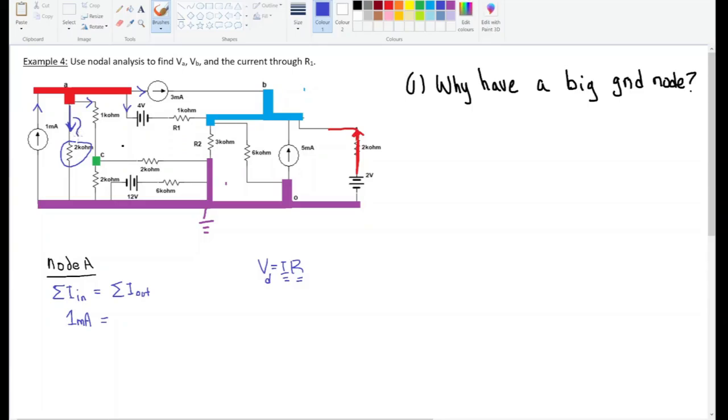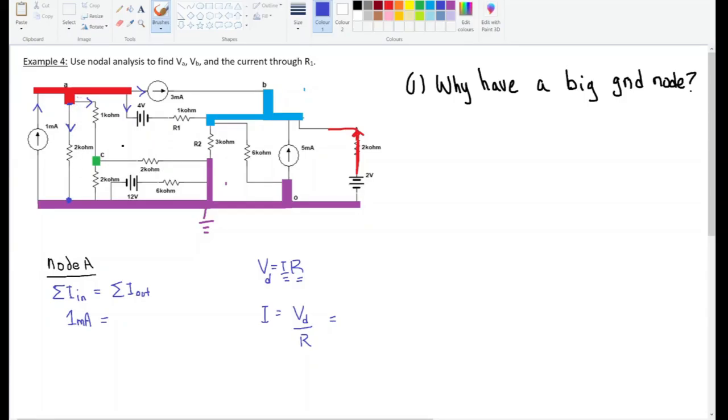Because whatever current exits here has to go through this resistor. So the current moving through that resistor is going to equal the voltage drop across that resistor over the resistance of the resistor. And the voltage drop across that resistor is just the difference in voltage from this point here to this point here. And you can actually extend those a little bit. You could say it's the voltage difference between this point here and this point here.